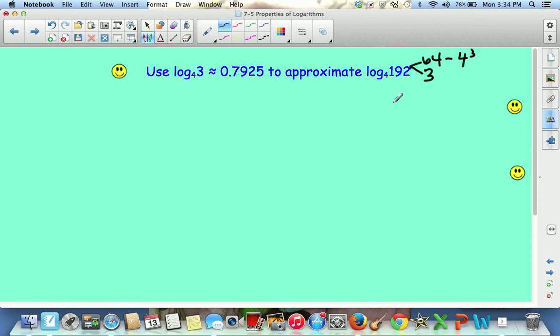So the log base 4 of 192 can be split up into 4 to the third times 3, which leads us into log base 4 of 4 to the third plus log base 4 of 3, which then leads us into, well, log base 4 of 4 to the 3 are your little shortcut here. We can cancel those out.